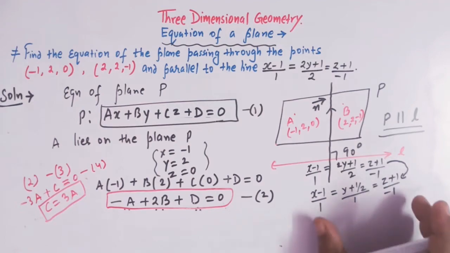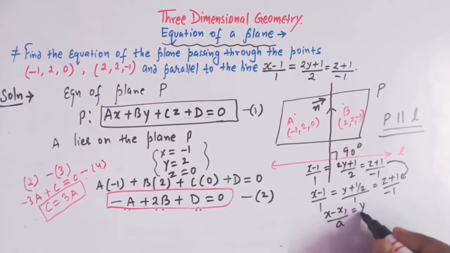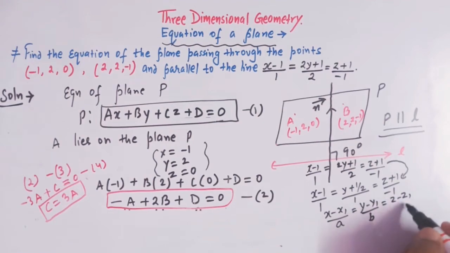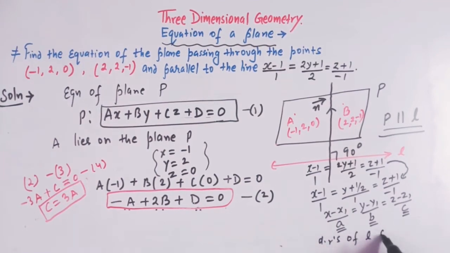And if we compare this equation with the standard equation of a line, that is x minus x1 over a, y minus y1 over b, z minus z1 over c, then we see that a, b, c are the direction ratios of this line L, right? So the direction ratios of L are given by a, b and c, right?